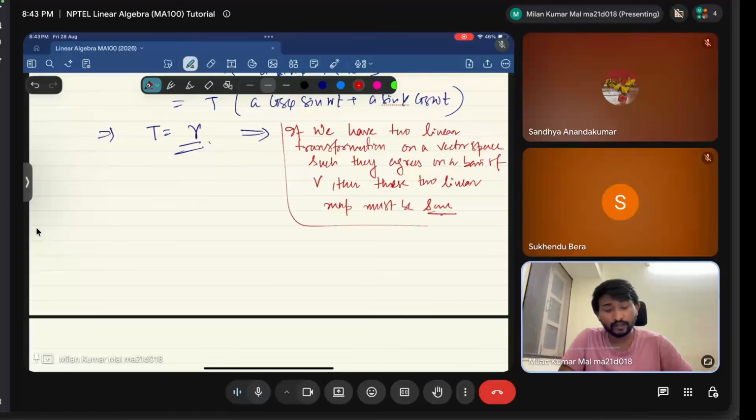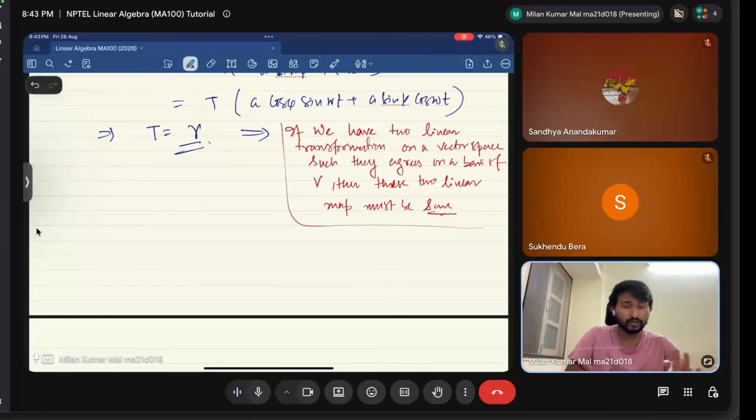So why am I doing all this drama? Just to show these two are the same. So that means T and gamma are basically the same.